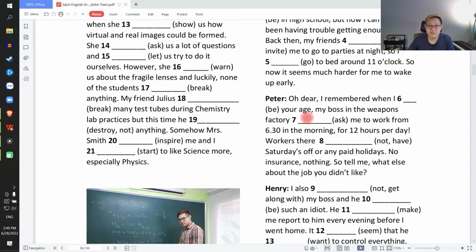Cái số 7 này là my boss in a weapon factory, ông chủ của ông ở trong cái xí nghiệp sản xuất vũ khí, đã từng yêu cầu ông đi làm việc 6:30 buổi sáng, 12 tiếng một ngày. Đã từng có thể nói là một cái thói quen mà giống như ngày nào cũng yêu cầu như vậy, hoặc là đơn thuần là cái hành động là ask thôi, thì là quá khứ đơn.